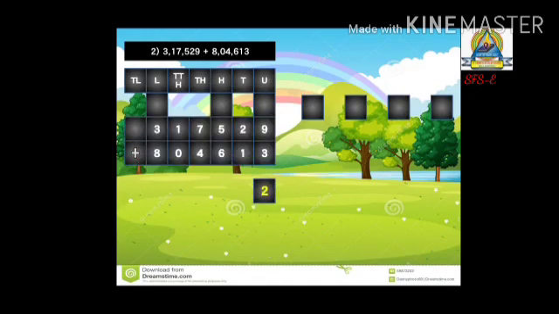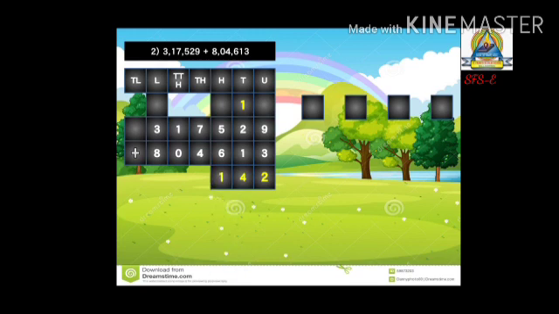Second example is 3,17,529 plus 8,04,613. Again you are going to make a box here using your pencil and scale. 9 plus 3, 12. So write down 2, carry over 1. Then 1 plus 2 plus 1, 4. 5 plus 6, 11.